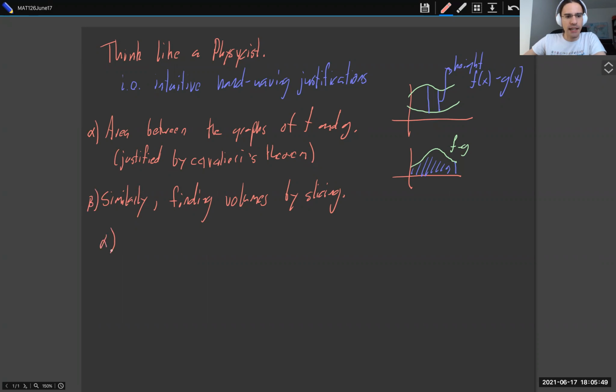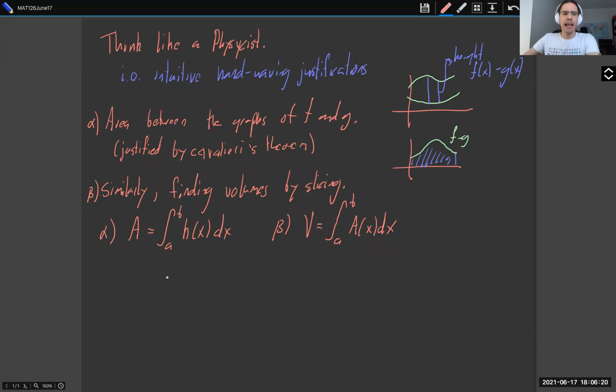Alpha says that area is equal to the integral from the bounds, let's say a to b, of h of x dx. And beta says that volume is given as the integral with, let's just use the same letters for the bounds, there are some bounds, of area of, let's say, x dx.